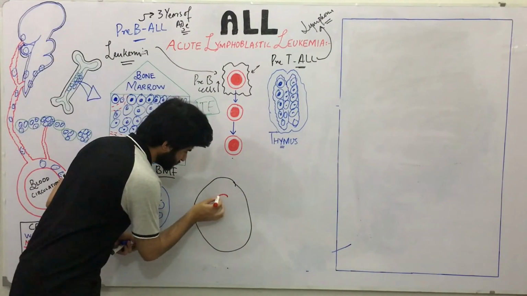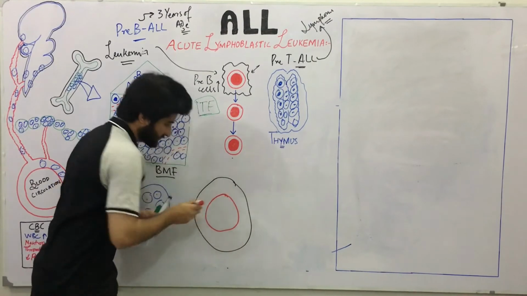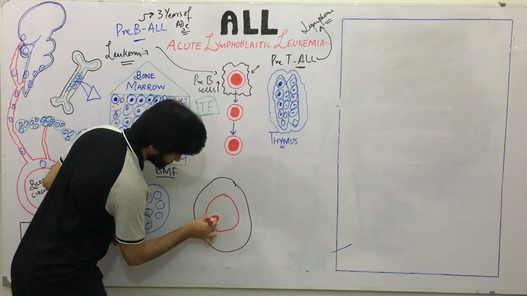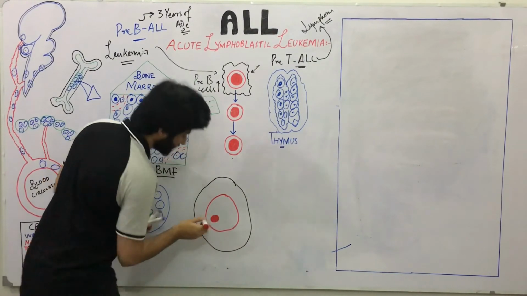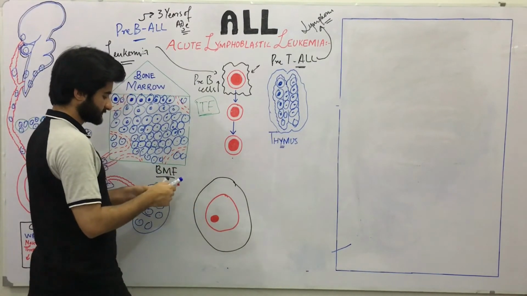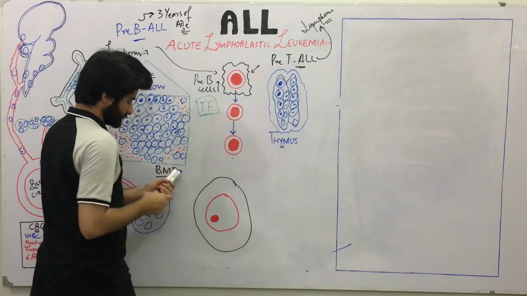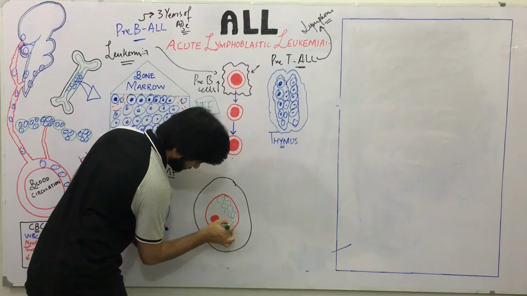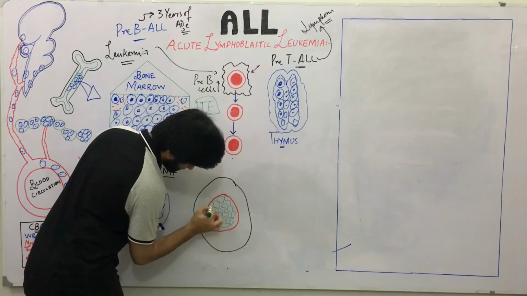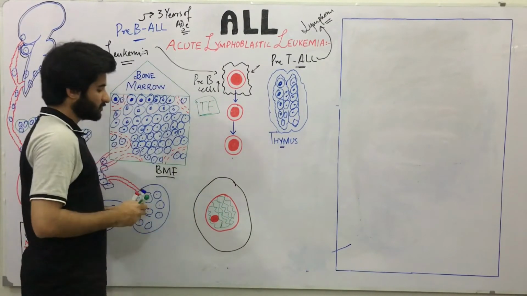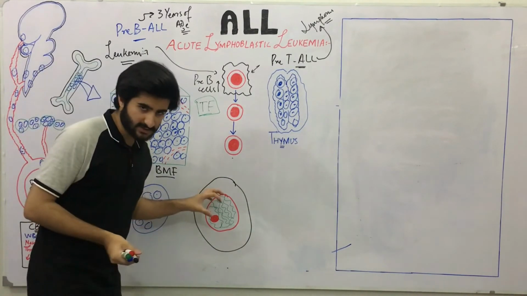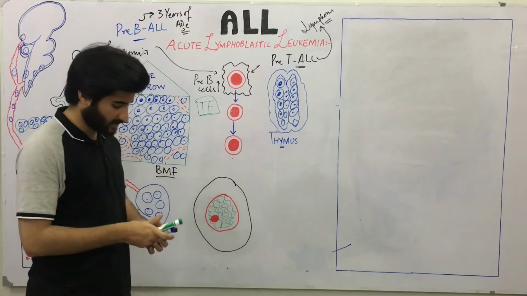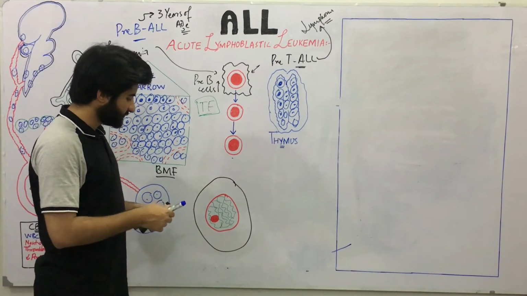Here there will be a central nucleus, and in this nucleus we will have a nucleolus and fine chromatin.